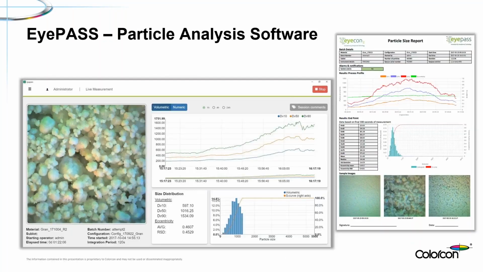The Icon is connected up to our iPASS software, particle analysis software system is what the PASS stands for. This is just a screenshot of the real-time software, and then on the right-hand side, a PDF report generated by the system to summarize a batch or a measurement run.